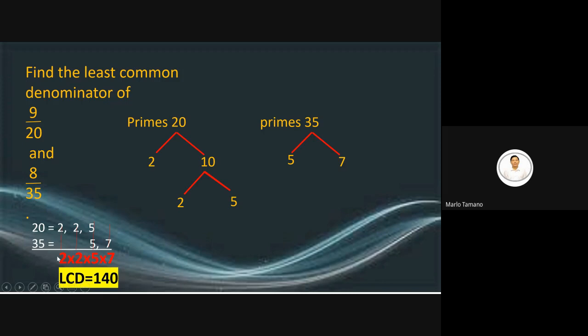So walang kapartner si 2, kuha tayo ng sample. Kuha din tayo ng 2. Merong kaparehong 5, kuha tayo ng sample na 5. Tapos, walang kaparehong 7, kuha tayo ng 7. So, ito na po lahat yon. So, 2 times 2, 4 times 5, 20 times 7 is 140. So, the LCD is 140.